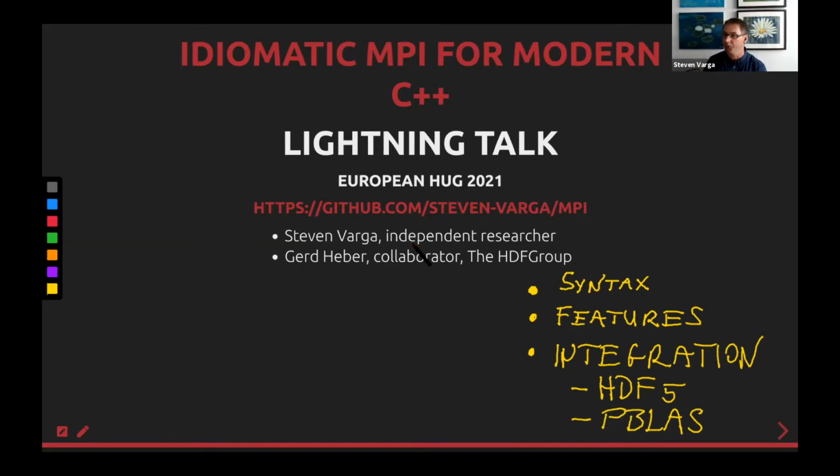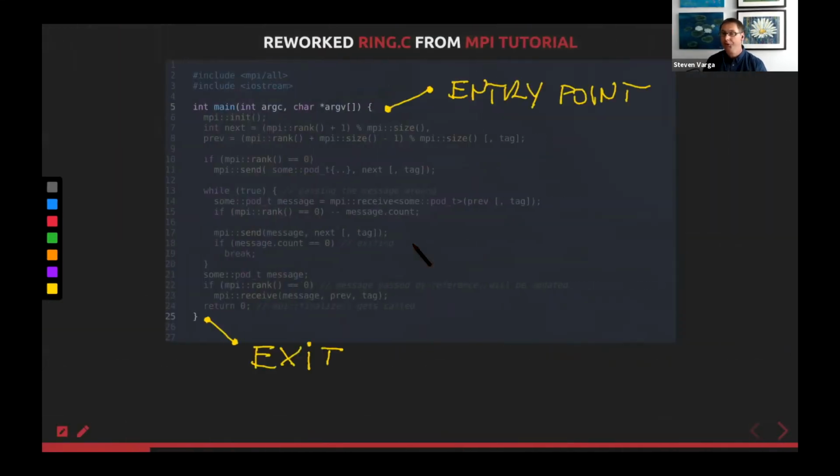I'm going to go through the proposed syntax, some features, and how it can be integrated with HDF5 or parallel BLAS ScaLAPACK. It's going to be a little bit technical here.